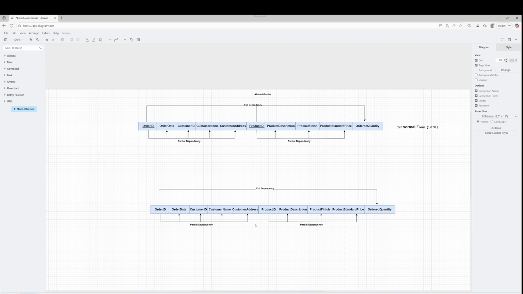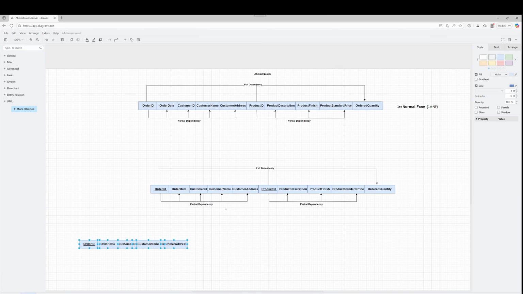So what I need to do, I need to remove this partial functional dependency. So I will remove it here. So you break down this relation.